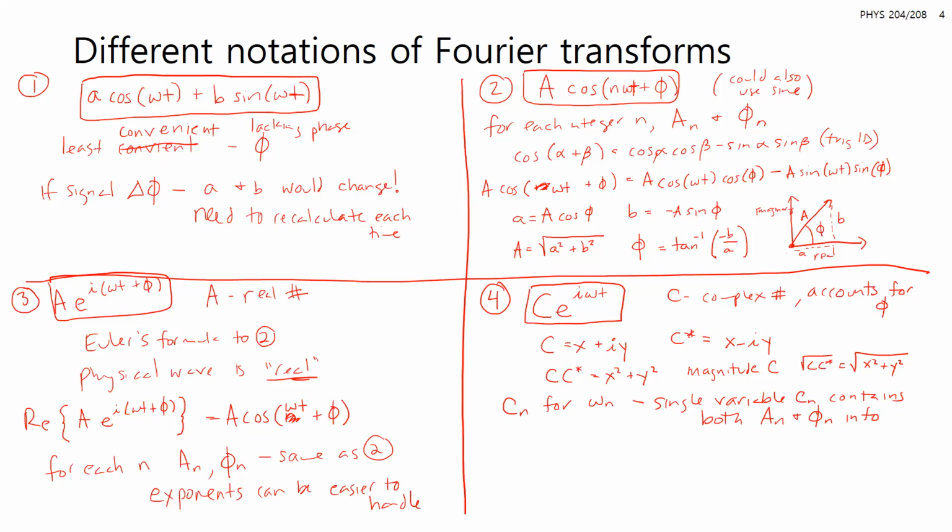So we can write Fourier's hypothesis in a very simplified way using this equation compared to what we showed last time. For a signal in the time domain, it can be represented as a sum over all n from negative infinity to infinity of just Cn e^(i n omega t).